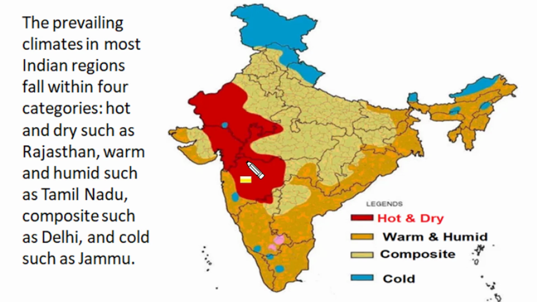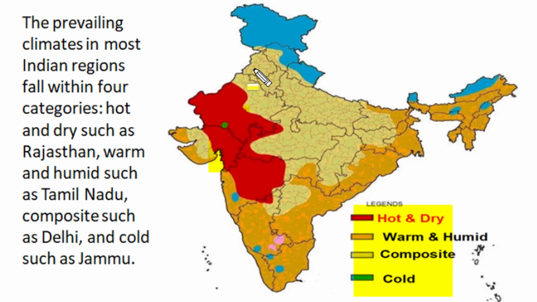The prevailing climate in most Indian region fall within four popular categories. One is hot and dry region, major part of Rajasthan, a part of Gujarat, Madhya Pradesh and a considerable part of Maharashtra, shown here by a red boundary, is hot and dry region. There is a large coastal area which is warm as well as humid and it include entire Tamil Nadu, Karnataka, major part of Andhra Pradesh, Jharkhand, West Bengal and Northeast India.